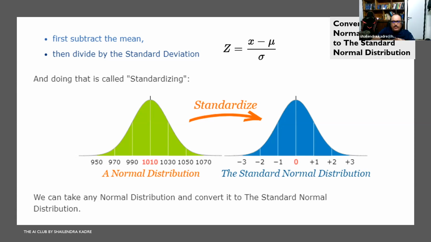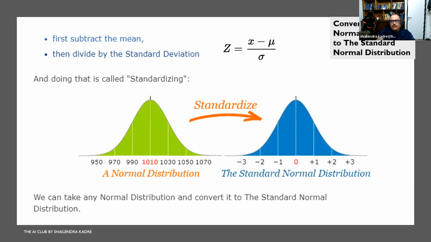That peak value will be the mean. How much is the median for this? 1010. How much is the mode? 1010. You know that for a normal distribution, mean is equal to mode is equal to median, which is equal to your peak value, the center value. Now I find out the Z score for this.